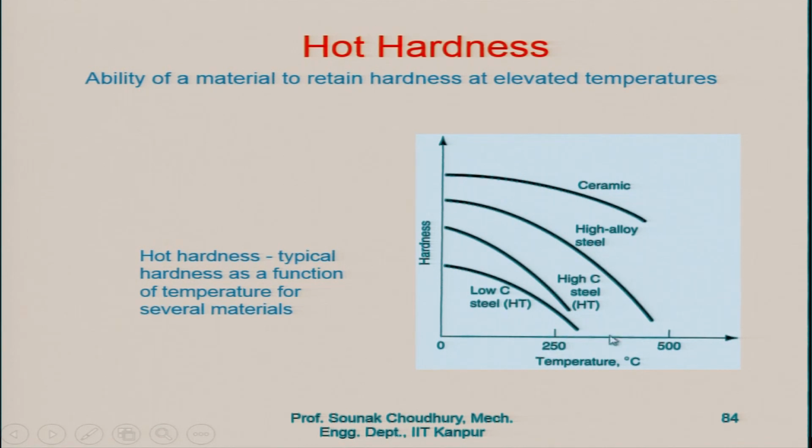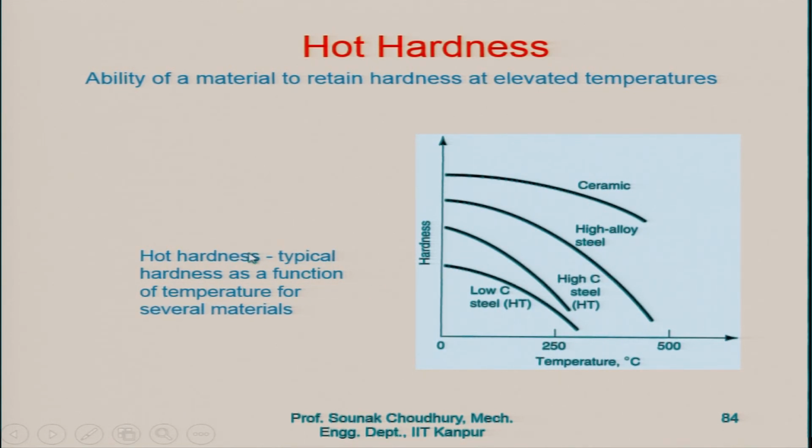See, for example, if it is 500 degree, even then the hardness is maintained, okay. But for 500 degree, in case of high alloy steel, the hardness drops drastically, okay. So, this means that the hot hardness of the ceramic is much more than any one of them, than the high alloy steel or high carbon steel or the low carbon steel.